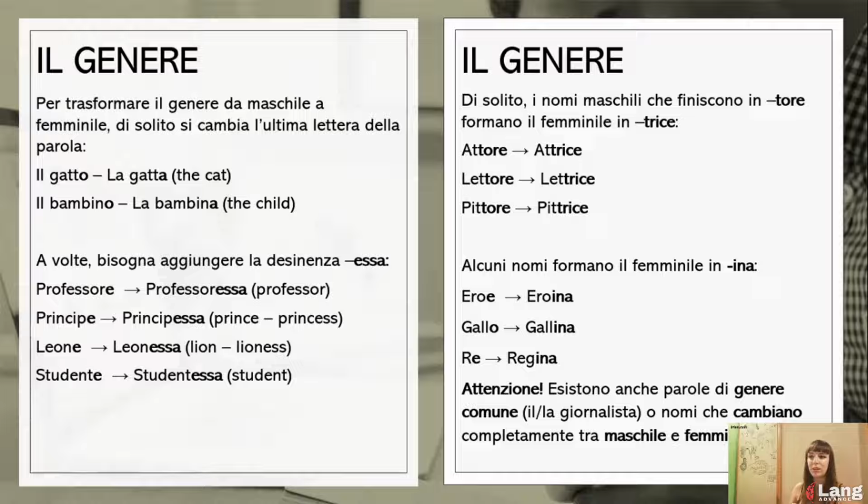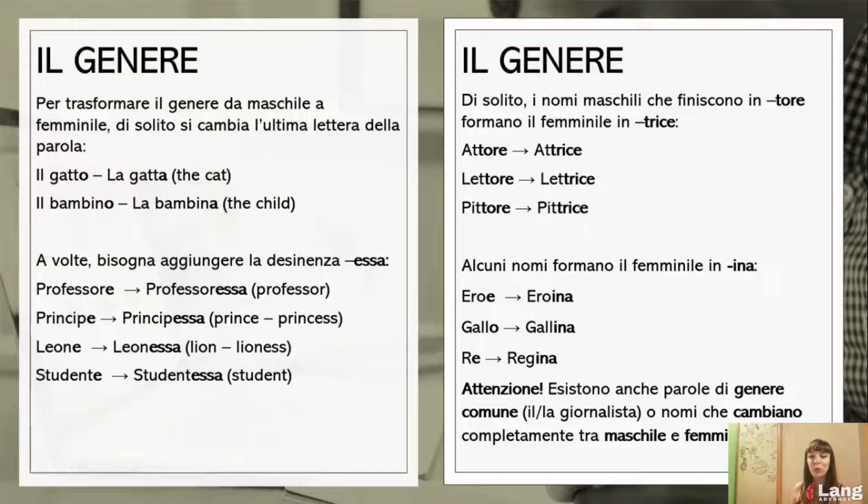Then we have even words that change from E into ina. Eroe, eroina, gallo, gallina, re, regina. Okay, now you know that we have exceptions, but how do you know which rule applies to the words? You don't know.